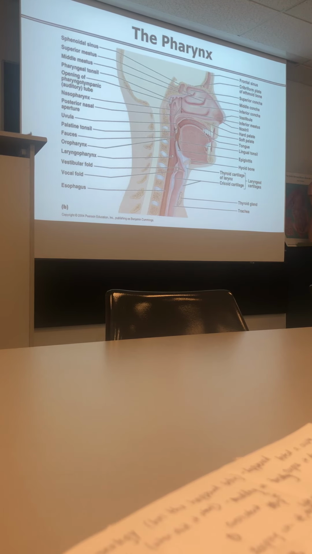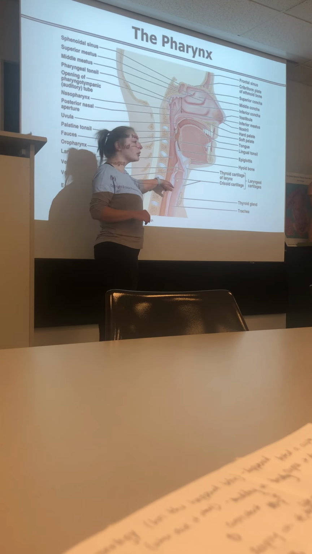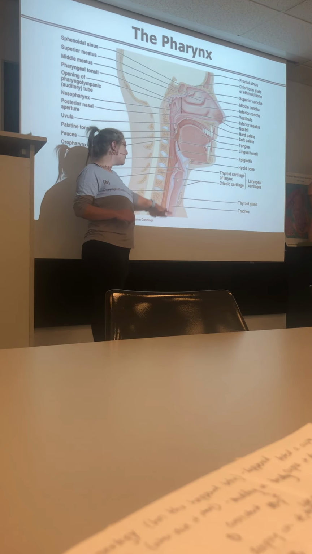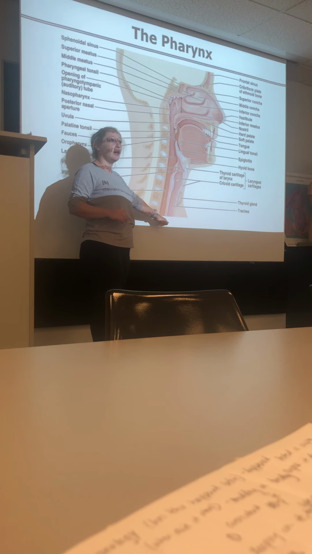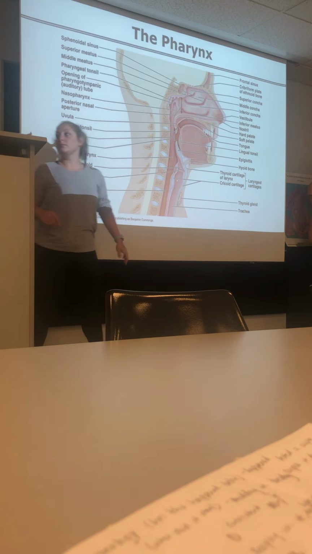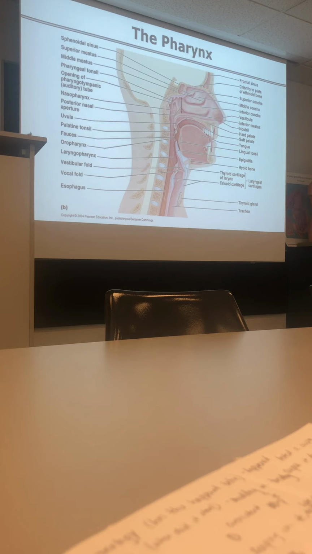Laryngopharynx. That's literally labeled, but yeah, laryngopharynx, okay? So down, it's easier for me to see. Okay, so kind of where this cartilage ends, that's where you get into the esophagus, okay? And then our trachea is continuous with our larynx anteriorly right here, okay? That makes sense?